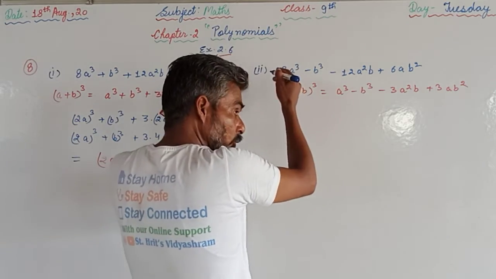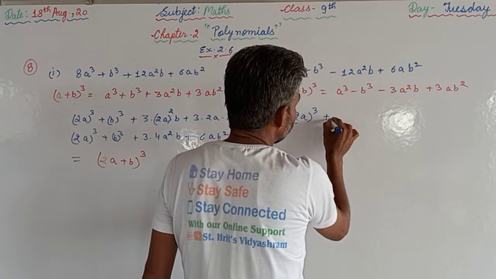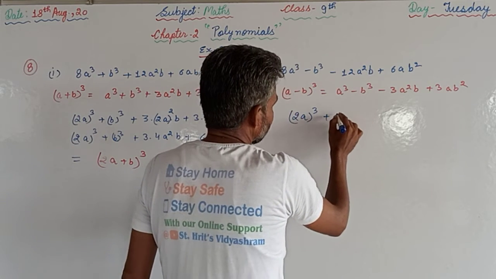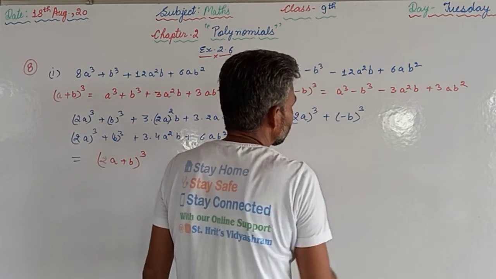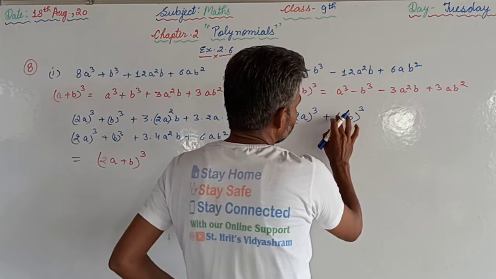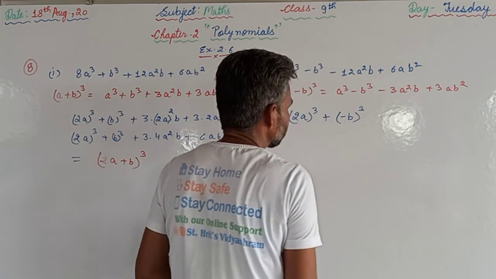Similarly here we can find out the whole cubes, so we will write (2a) whole cube plus minus b whole cube.